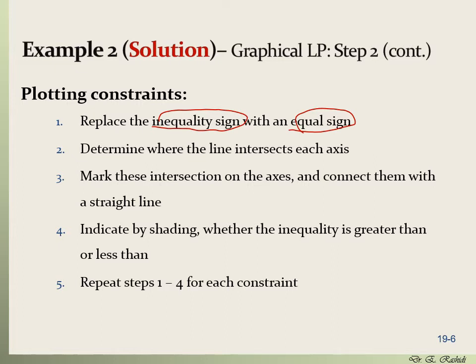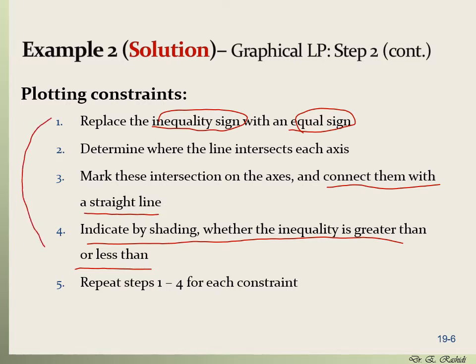That means you need to find two points for this line and connect the two dots to get the straight line for the constraint. Then indicate by shading which side of the inequality is the feasible side. Then repeat steps 1 to 4 for each other constraint. We're going to do this for the three restrictions that we have: inspection, assembly, and storage.